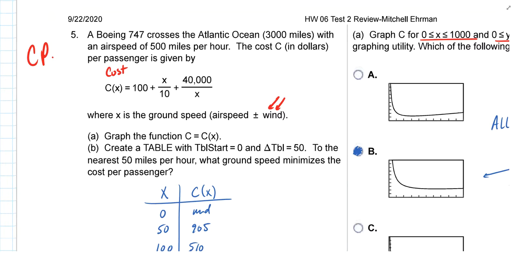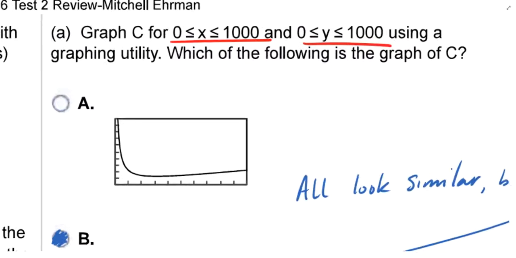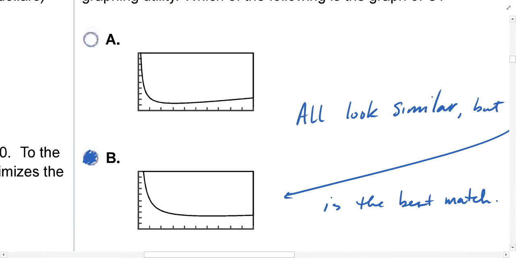So the first thing we need to do is graph this function, and that's pretty easy to do with the graphing calculator. What I wanted to point out here is that the instructions in Part A do specify our window. So we're being told to graph this with an x value from 0 to 1,000 and y values from 0 to 1,000.